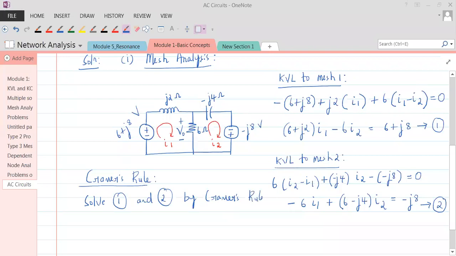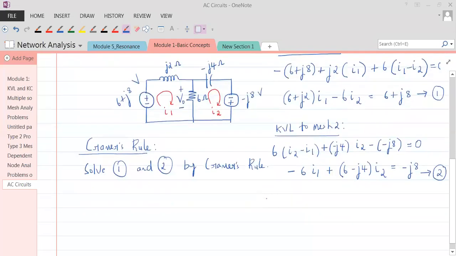What does Cramer's rule tell us? See, you should have delta. This is, you know, matrices, right? We have to have a matrix. It's a 2 cross 2 matrix you will get.